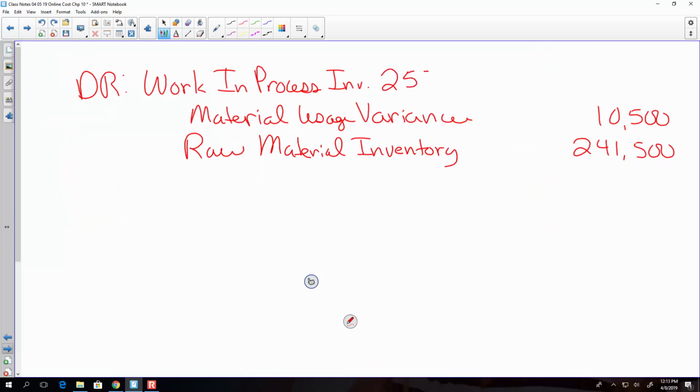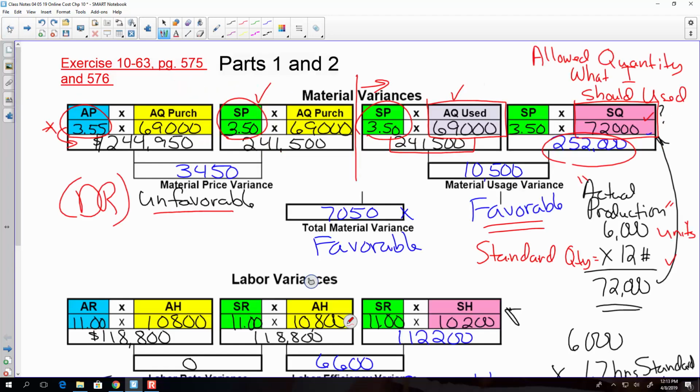And obviously we will always want our debits to equal our credits, and we see that here in this case where they will equal. So this is the entry to record what is going into my work in process inventory account. And I'm again using my templates that I have here to allow me to make that entry much easier.